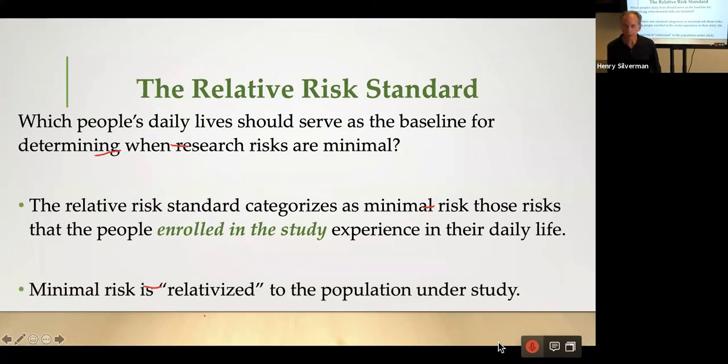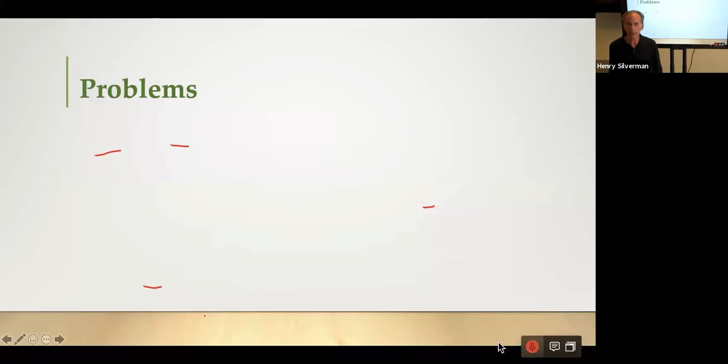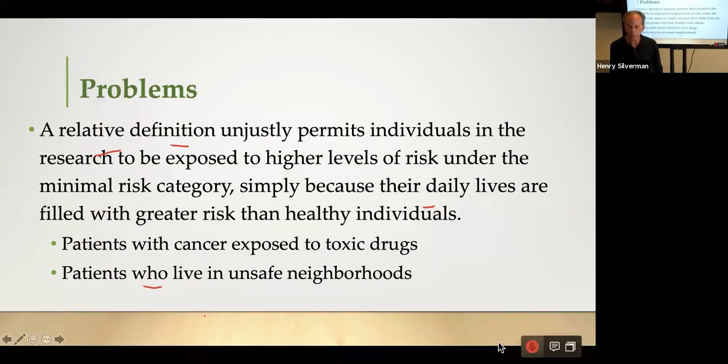We call it the relative standard, but again, it's going to be greater than minimal risk in the daily lives of healthy individuals. And so again, the problem with daily life is that we're dealing with patients with cancer.